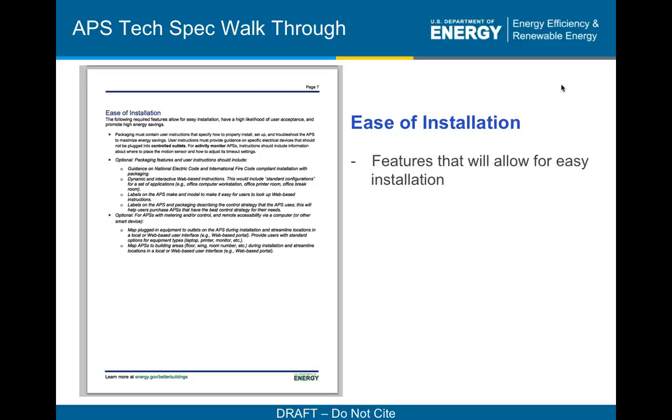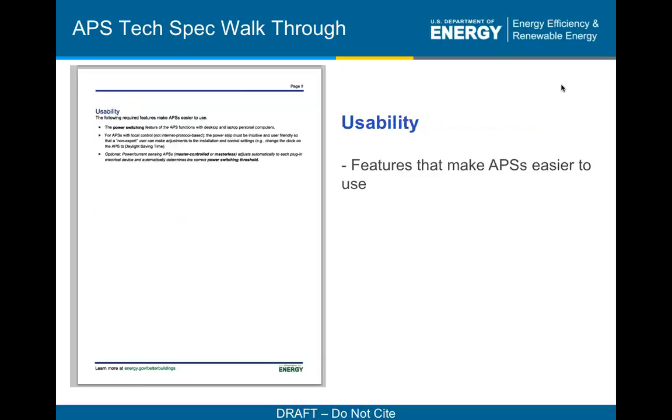As an optional feature, you may want to look for advanced power strips that have more dynamic and interactive web-based instructions. The usability section lists required features that make advanced power strips easier to use. This includes information about how a power strip should be intuitive and user-friendly so that a non-expert user can make adjustments to the installation and control the settings.